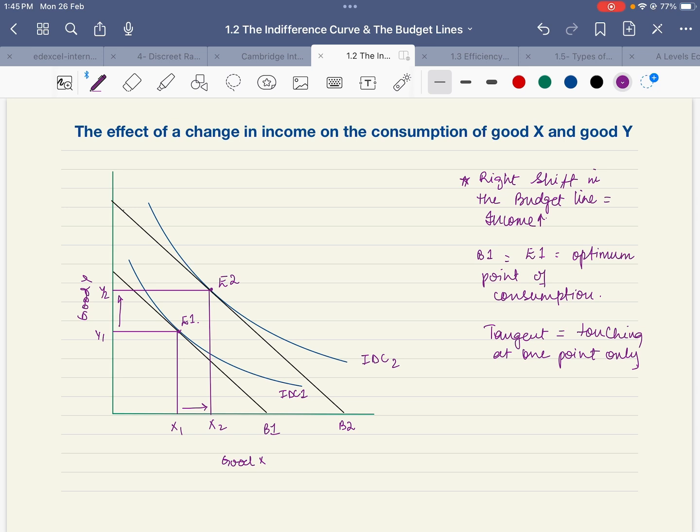Also, we can see that the optimum point of consumption has changed or shifted from E1 to E2. This is what occurs when both goods are normal goods.